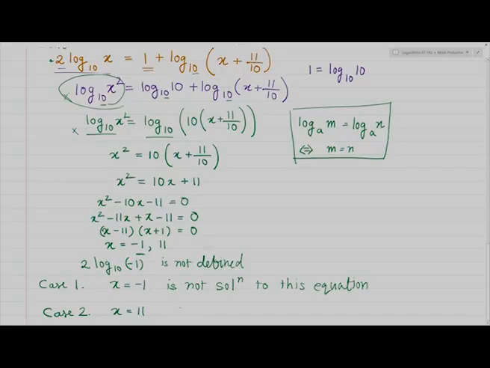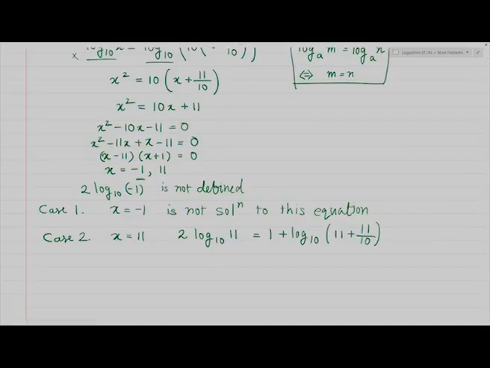So, it is 2 times log to the base 10 of 11, which is equal to 1 plus log to the base 10 of 11 plus 10, sorry, plus 11 by 10. So, it should be 11 by 10, that is fine. So, do we get the answer?